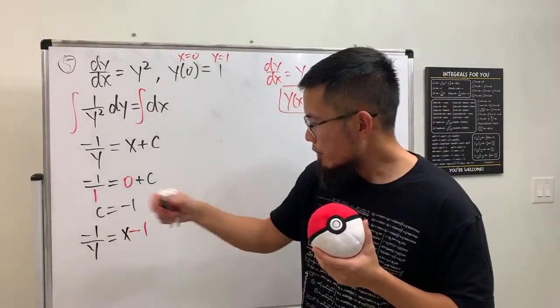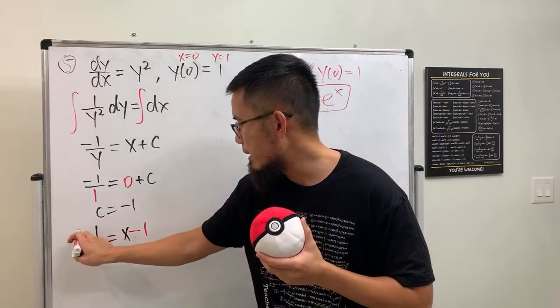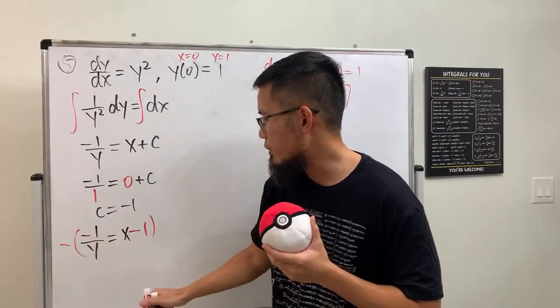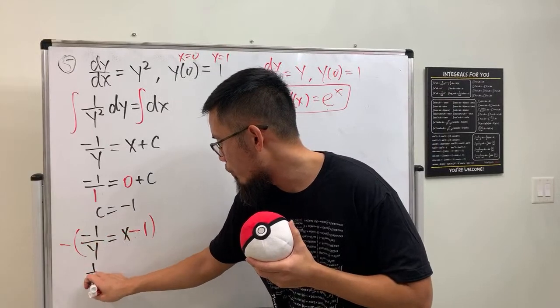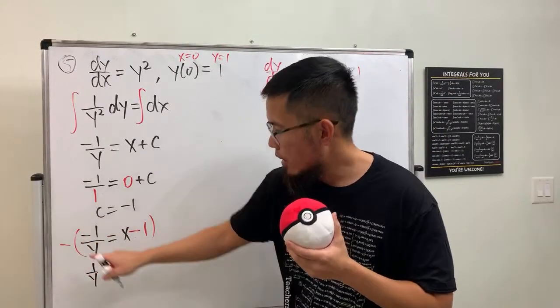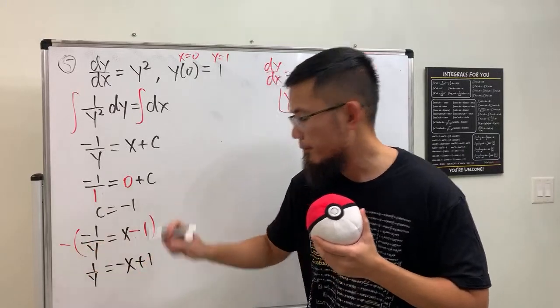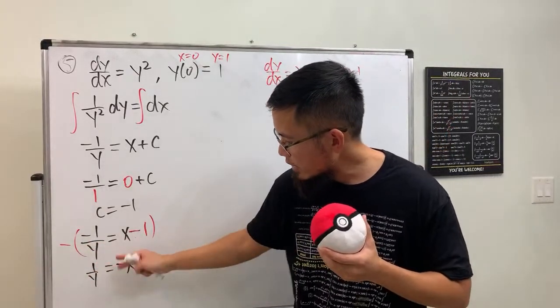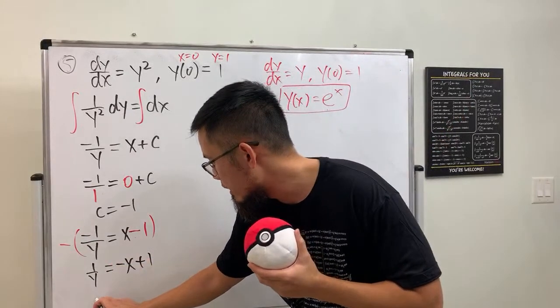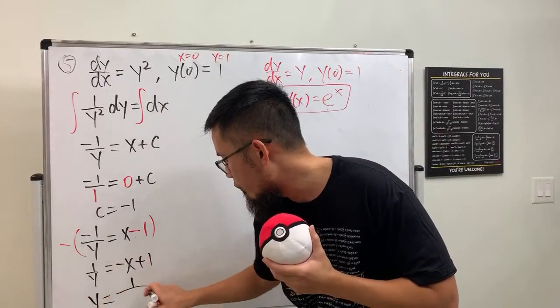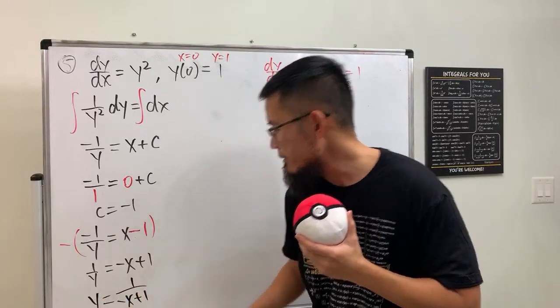Now, to solve this, what we can do is just multiply everybody by negative 1 first. Depends on how you want to do it. And we get 1 over y equals negative x plus 1. And then in the end, we just take the reciprocal on both sides. So we get y equals 1 over negative x plus 1.